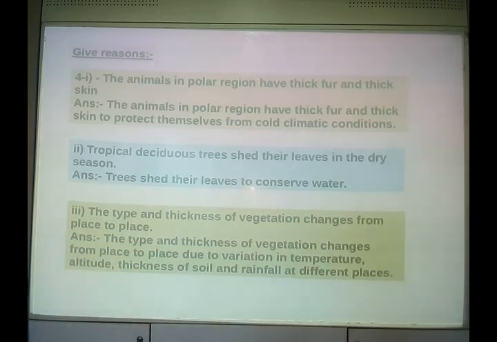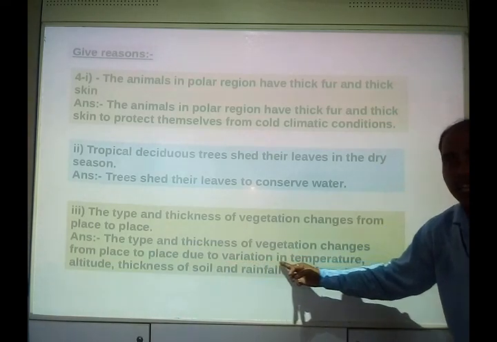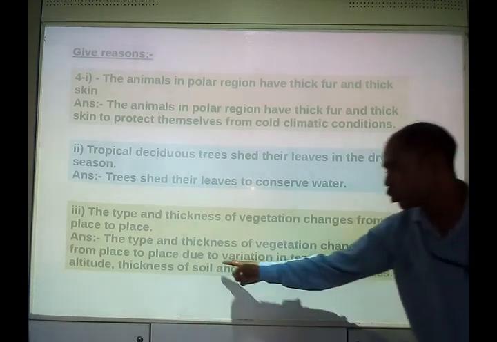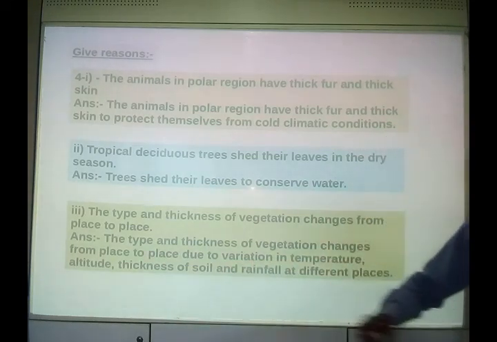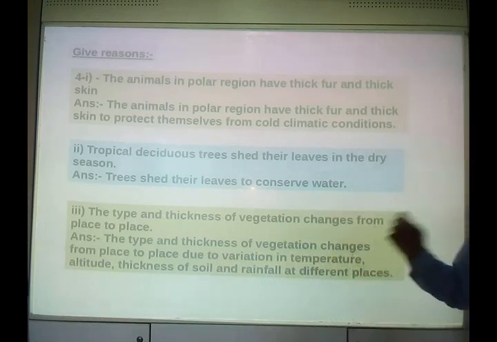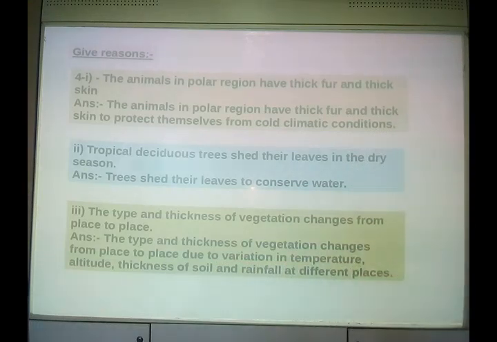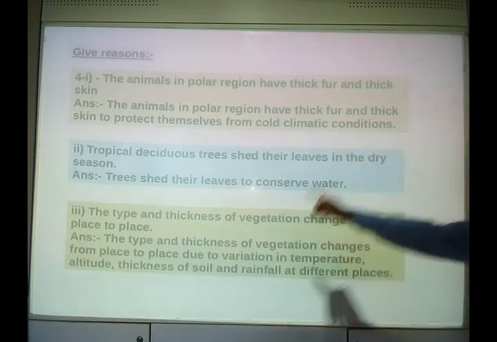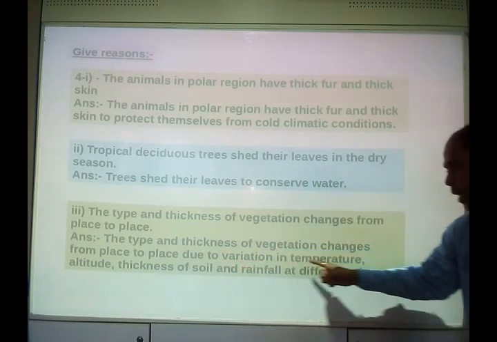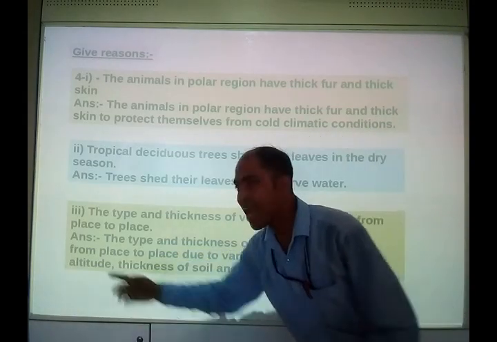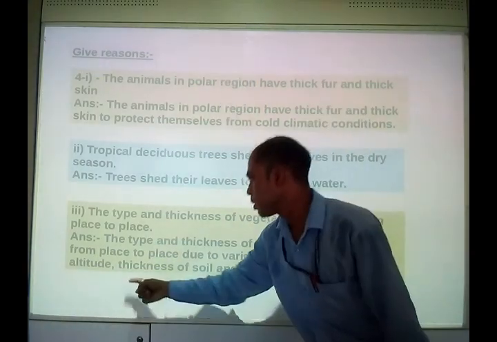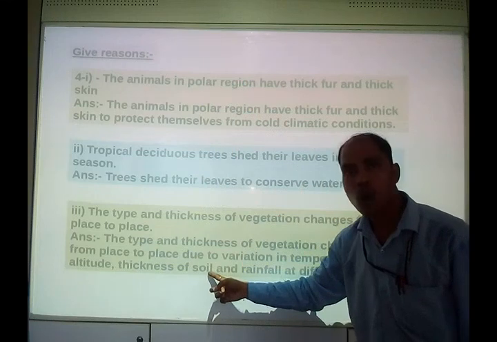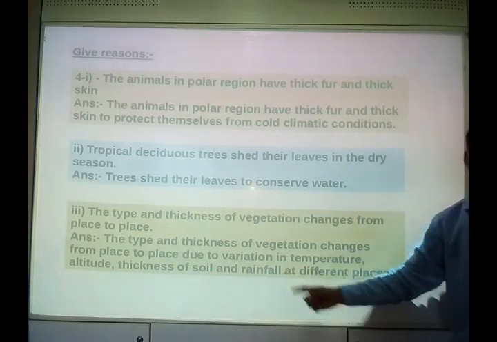The type and thickness of vegetation changes from place to place due to variation in temperature. Because from place to place there is a variation in temperature, altitude, thickness of soil and rainfall.